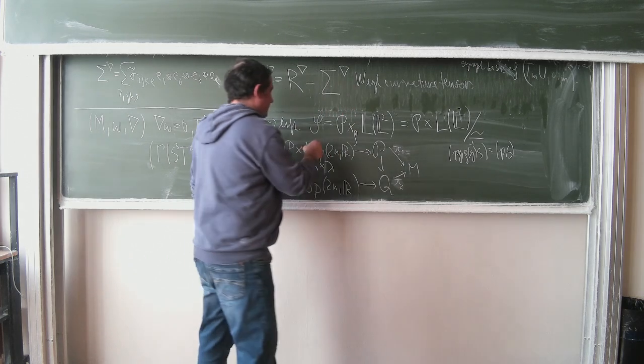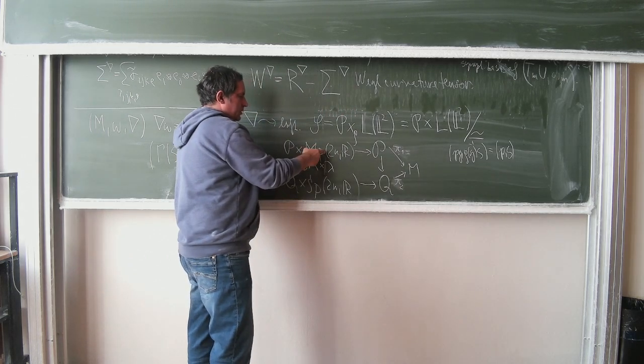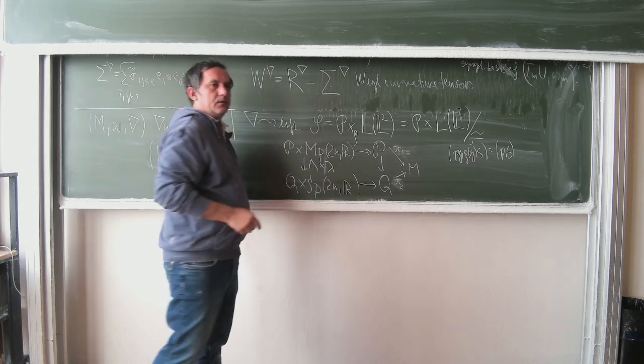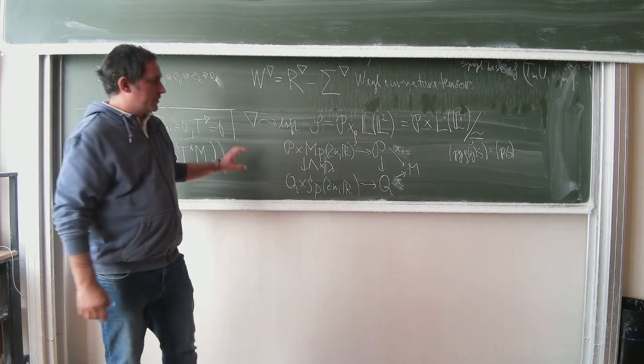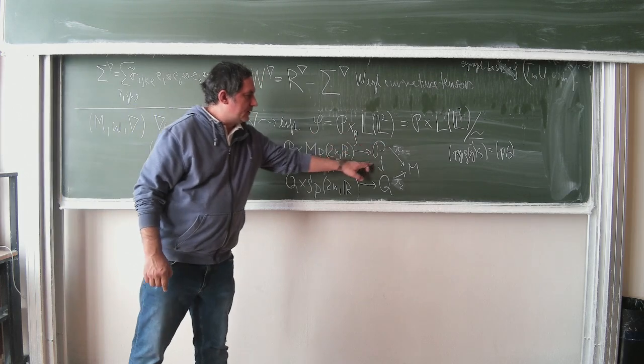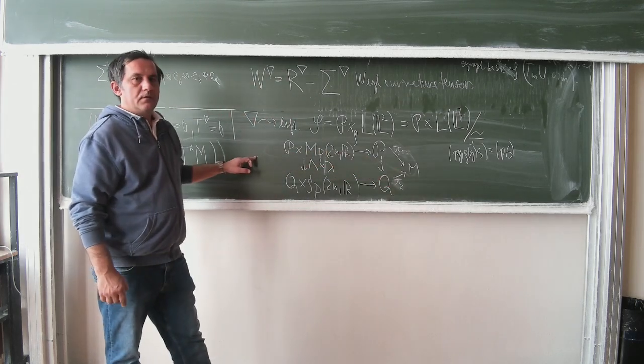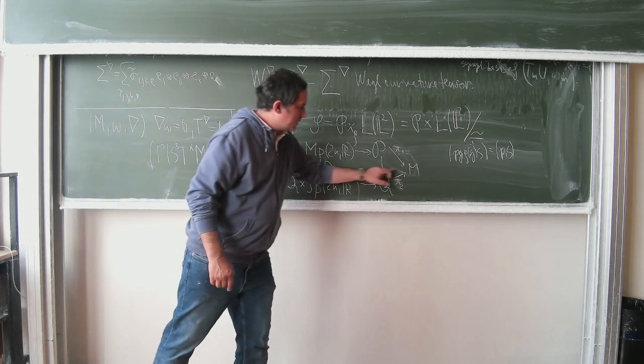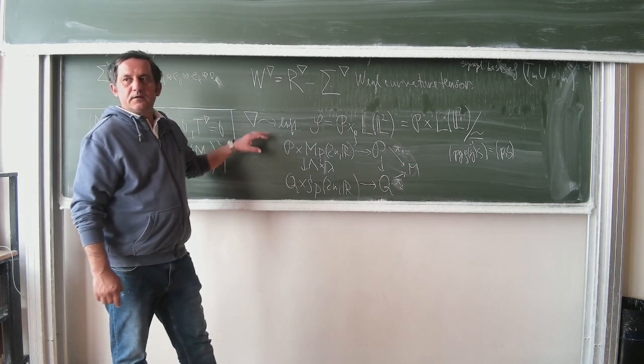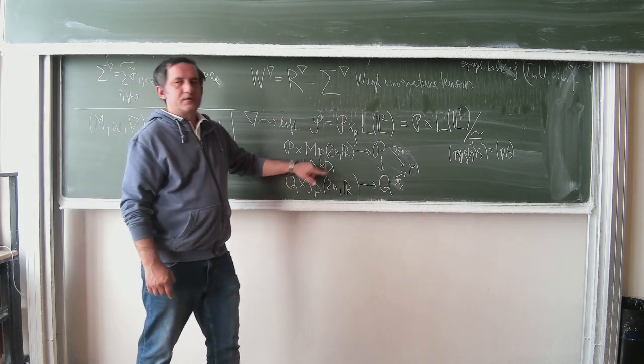And here are actions of Mp and Sp on P and Q. So this is the definition of a principal bundle, the first row. The second must also be a principal bundle, and together they are joined by this big Lambda and small lambda.